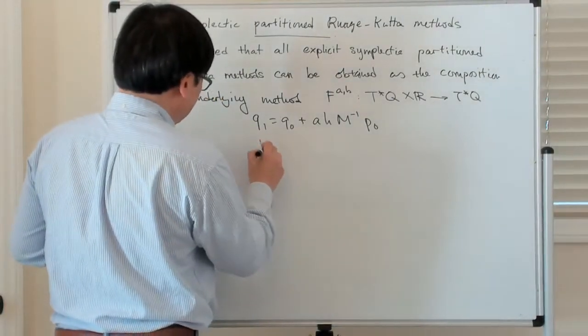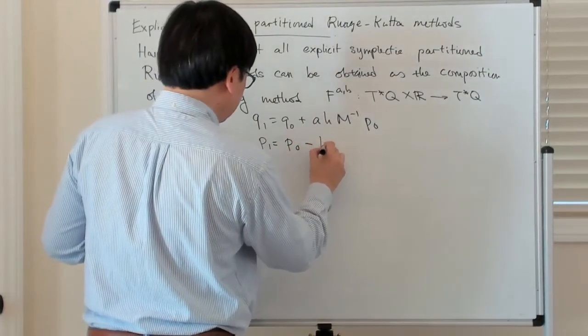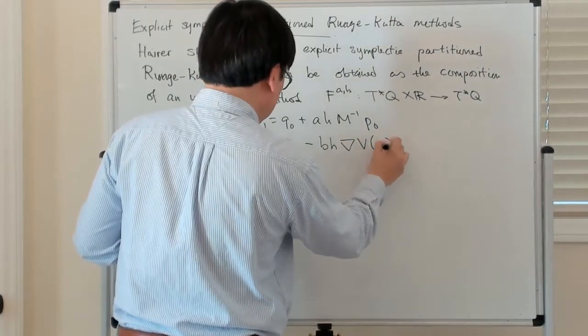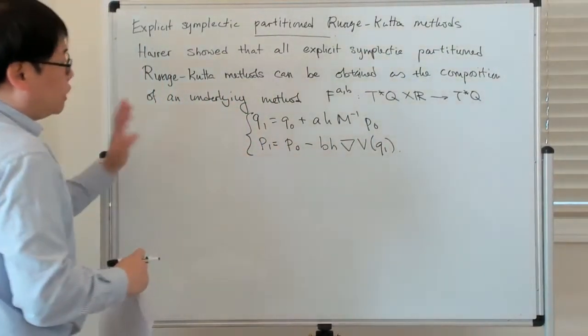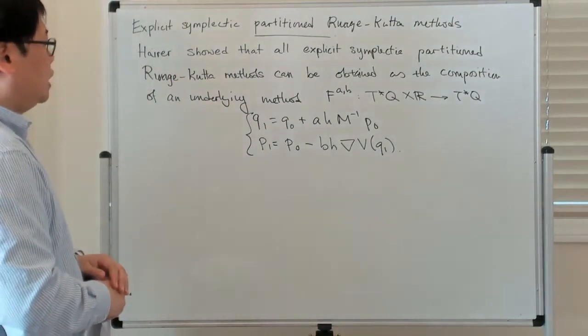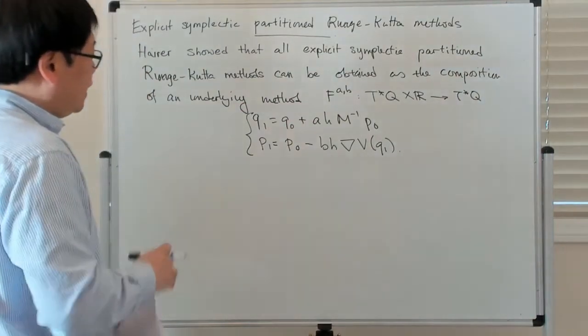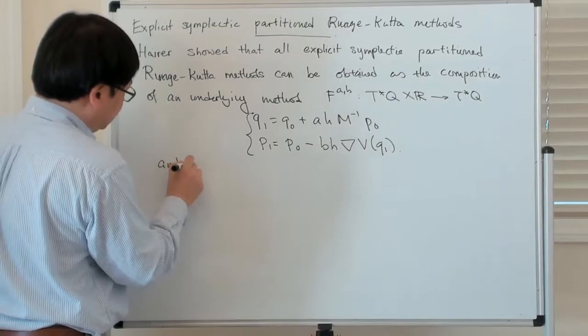And then P1 is equal to P0 minus B h times the gradient of the potential at Q1. All explicit symplectic partitioned Runge-Kutta methods can be obtained by composing this method for suitable choices of A and B, and their adjoints.